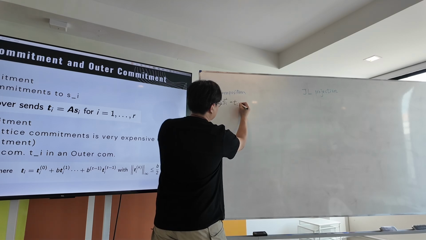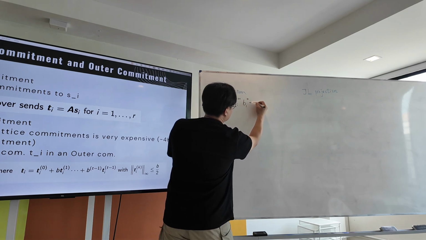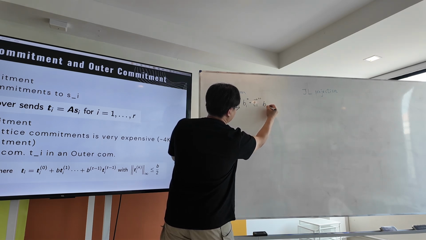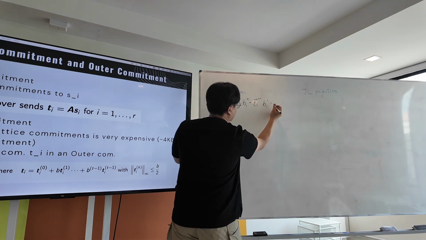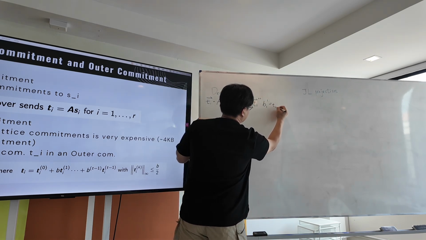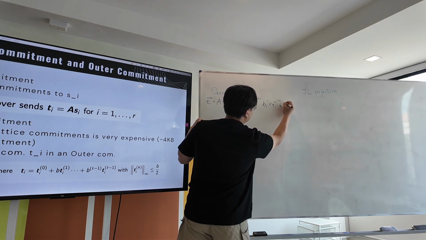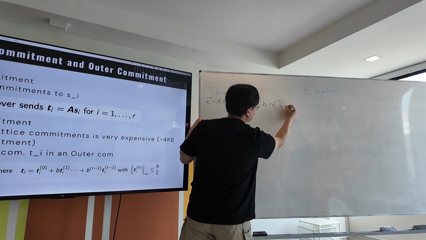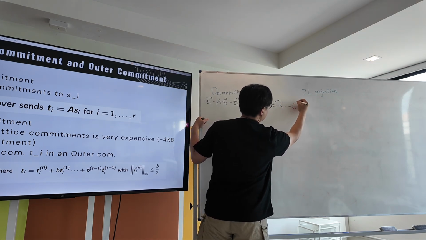So it becomes Ti0, B1 times Ti1, B1 squared times Ti2, all the way up to B1 to the power t1 minus 1.